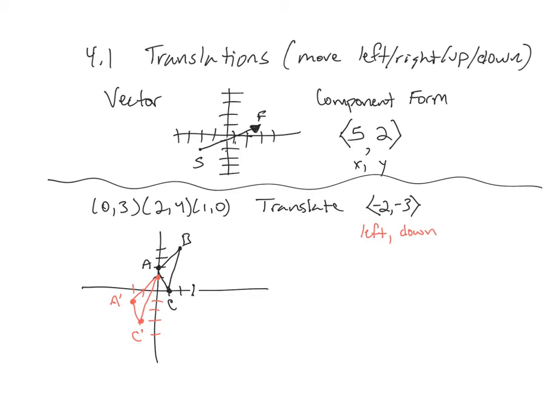And then this would be B prime, right there. Okay, so it's just move it from one place to the next. So if you happen to have graph paper, definitely helpful.